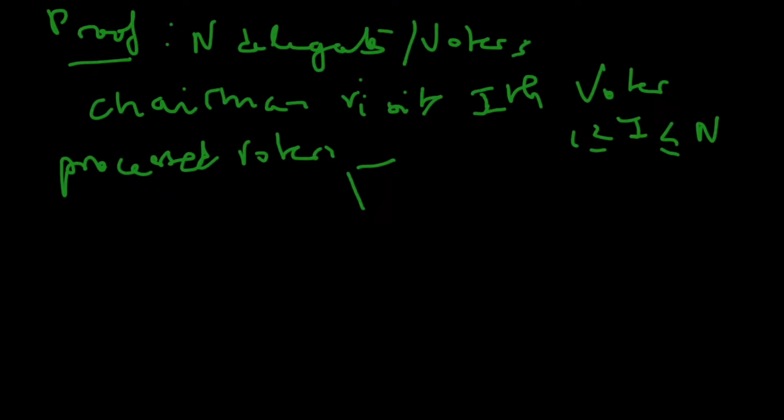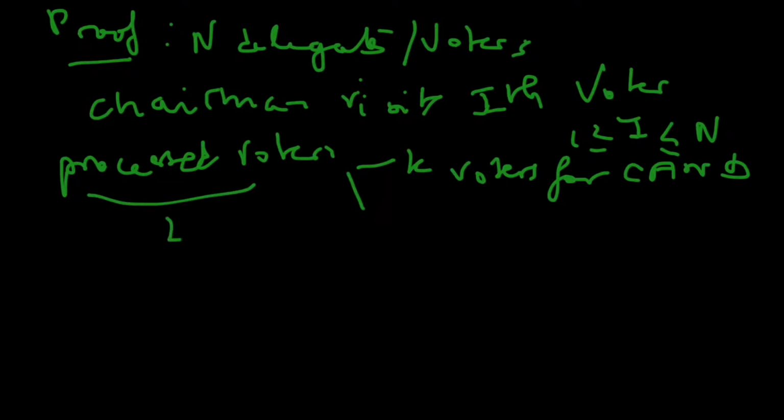One is k voters in favor of cand. And another set of voters, if he has processed l so far, that would be l minus k voters that can be paired in such a way that the voters disagree.